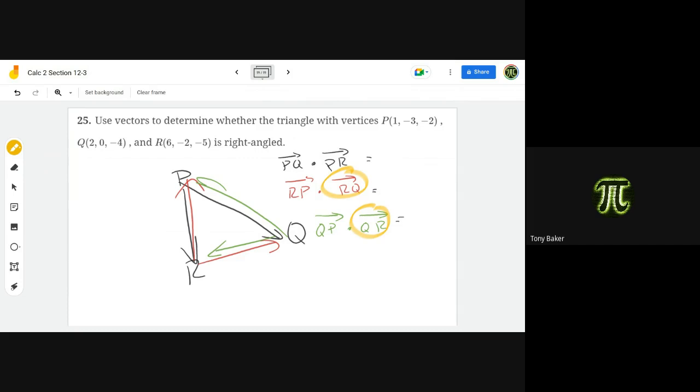So that'll save you a little bit of time. And once you find one that's zero, you're done. So if you get lucky with your first shot.